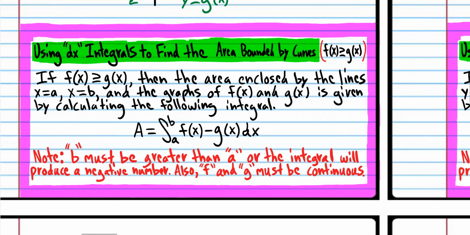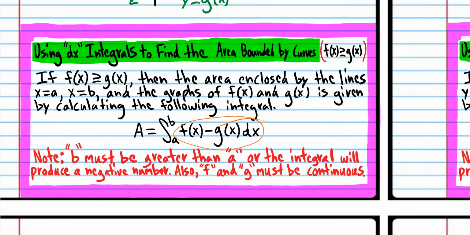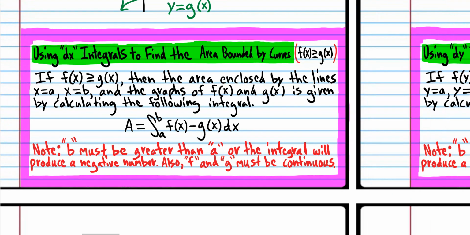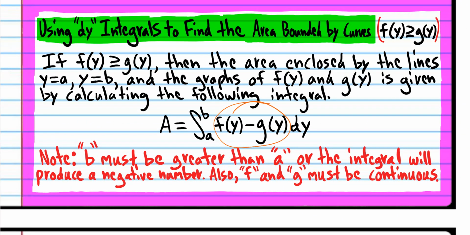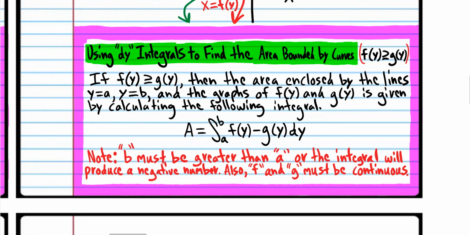So again, that's a dx integral when inside the integral you have expressions in terms of x. But with a dy integral, everything's written in terms of y, but these outputs are actually x values. So this is kind of backwards.